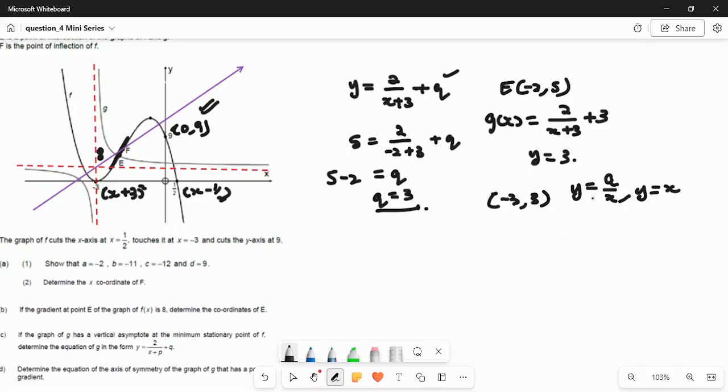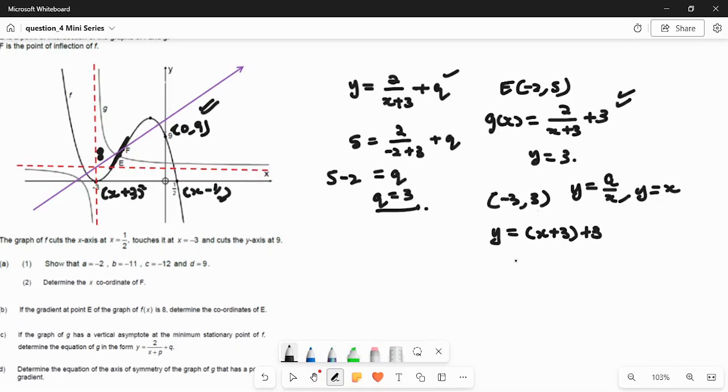So that means this function is shifted 3 units to the left. So I will say y is equals to x plus 3. And then it's shifted 3 units upwards. So that means I will say plus 3.